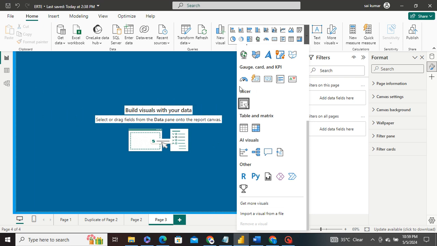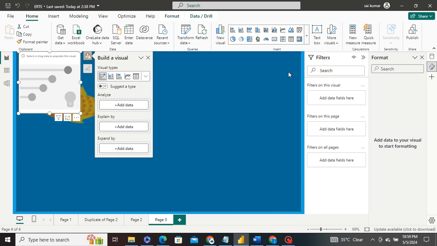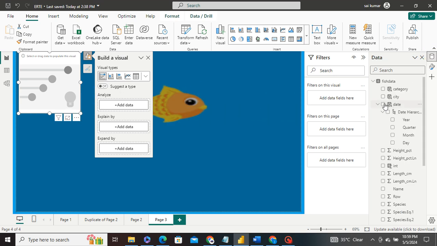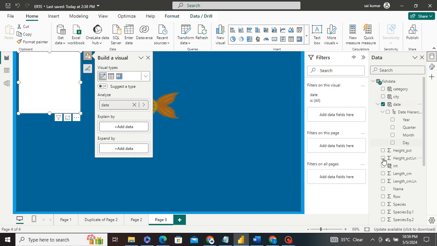Hello, everyone. I am going to start with key influencers. The key influencers visualization in Power BI allows users to identify factors that influence a particular outcome or metric within their data.